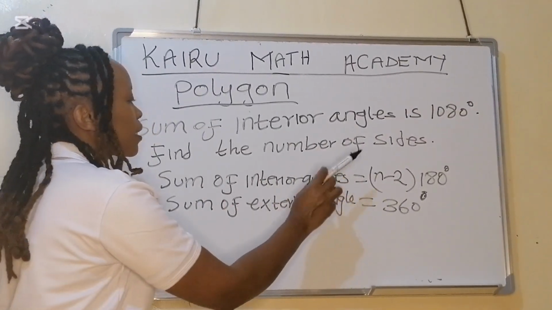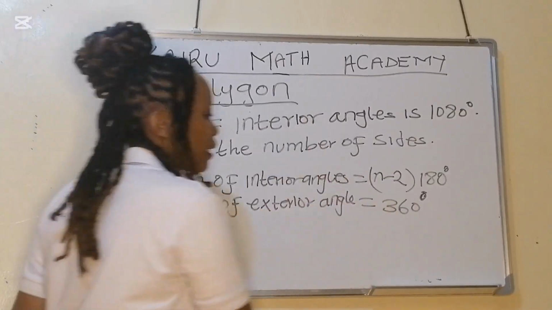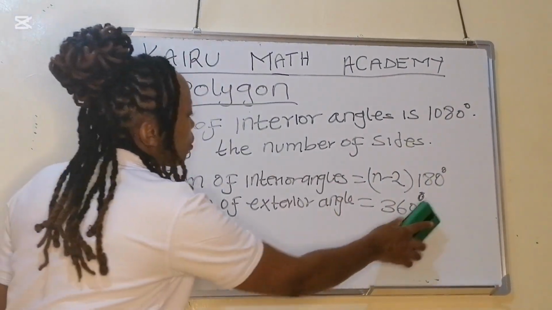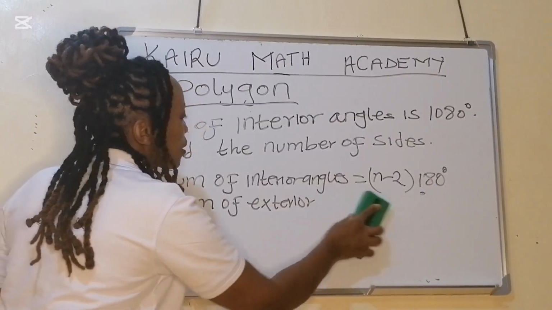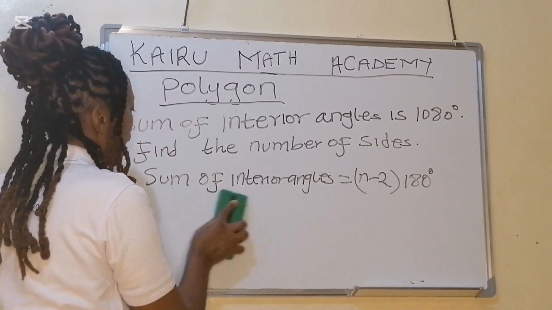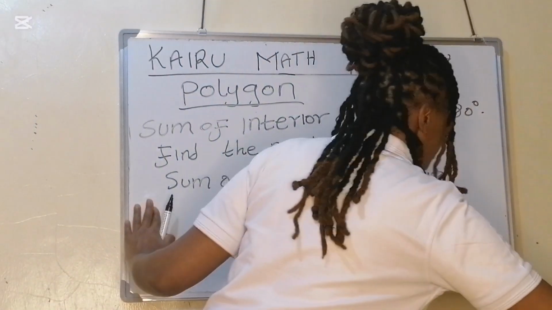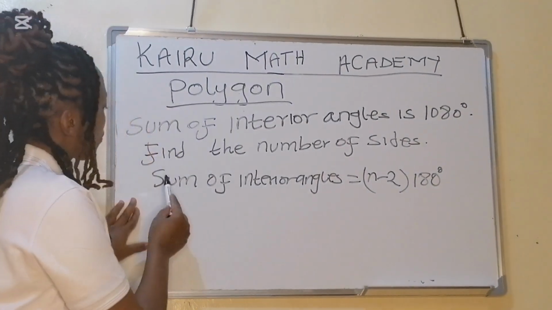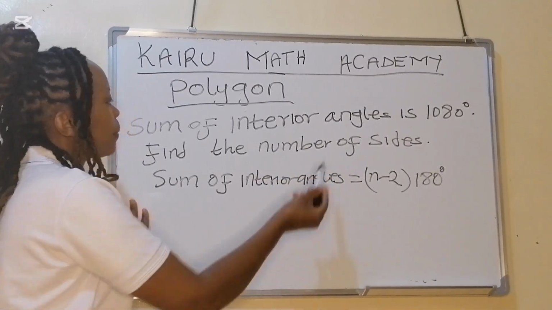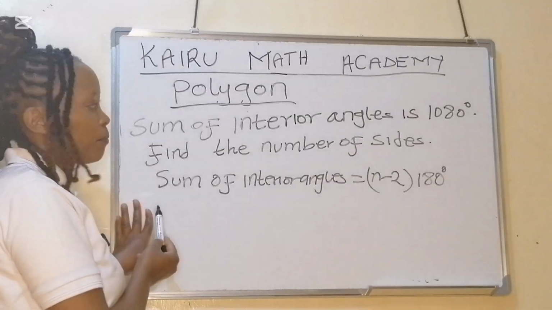Sum of interior angles is n minus 2 times 180. Because we have been given sum of interior angles. So that is what we are going to use to answer this question, so that we can get the number of sides. Okay? So we will use this formula, sum of interior angles n minus 2 times 180, depending on the information we have been given.